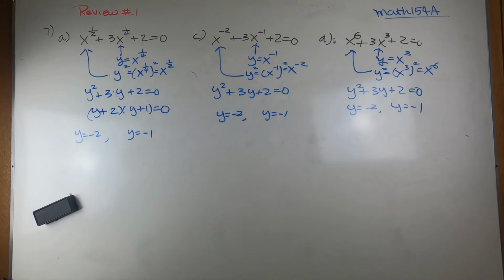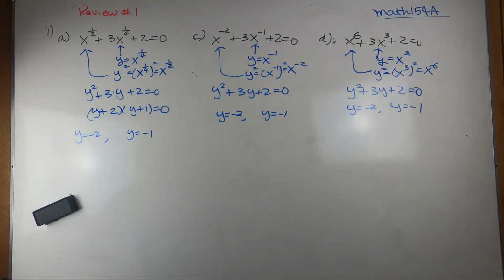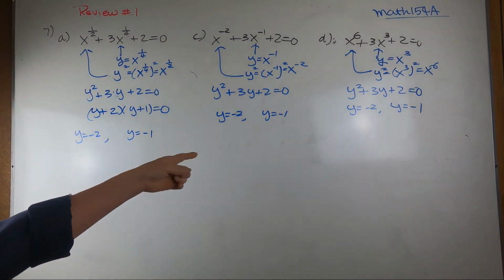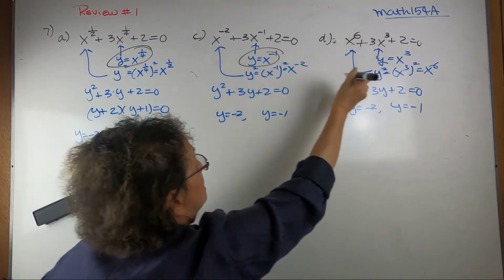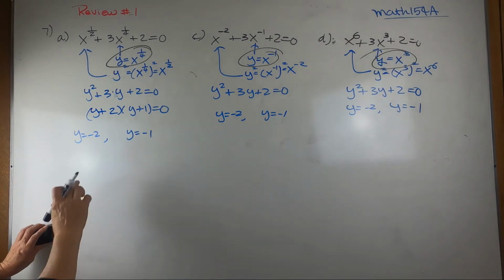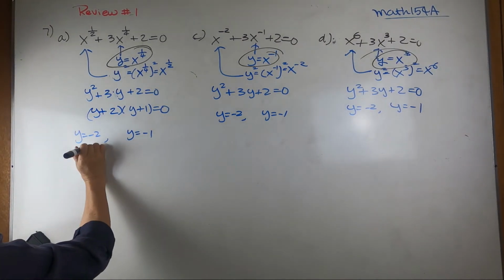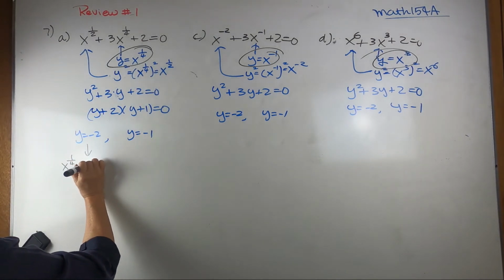But the question was to find the x. So you have to put it back. All the y's are the same, but the x's are not, right? Because here y is -2, which means x to the quarter is -2.